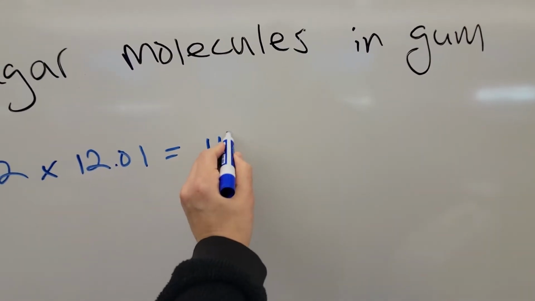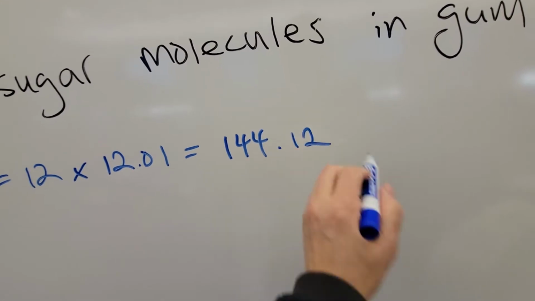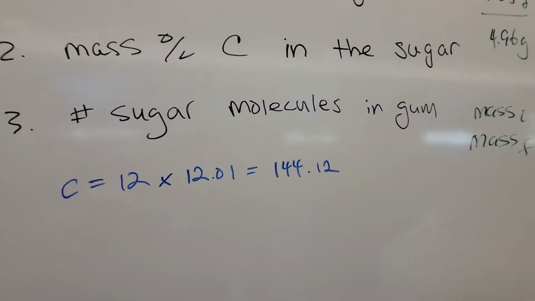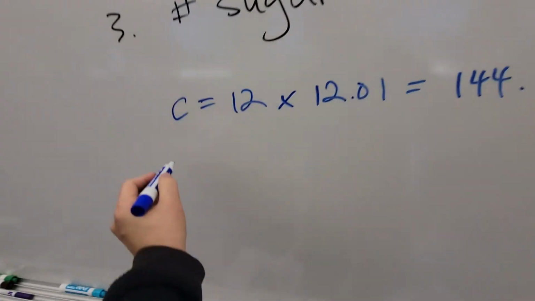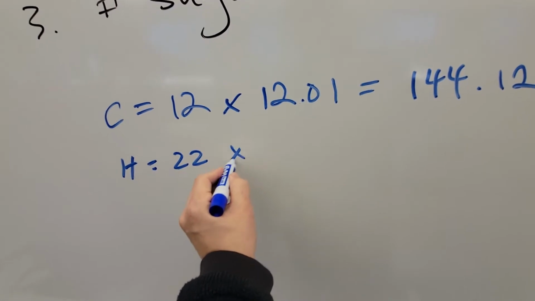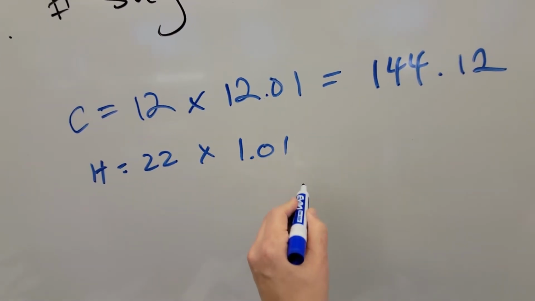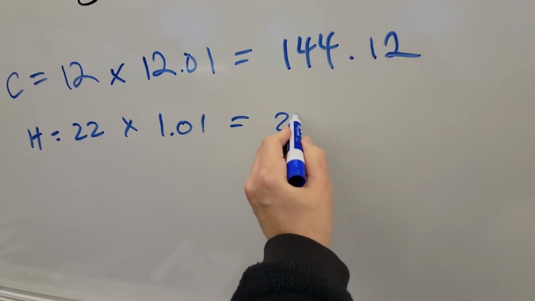So that's going to give us 144 point. I think that's it. Now for the hydrogen component, there's 22 of those, and each hydrogen has a molar mass of 1.0. Makes the math a little bit easier.